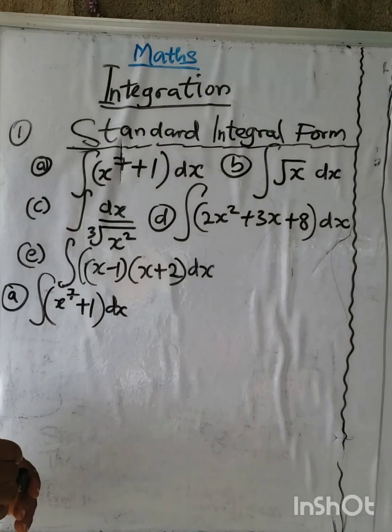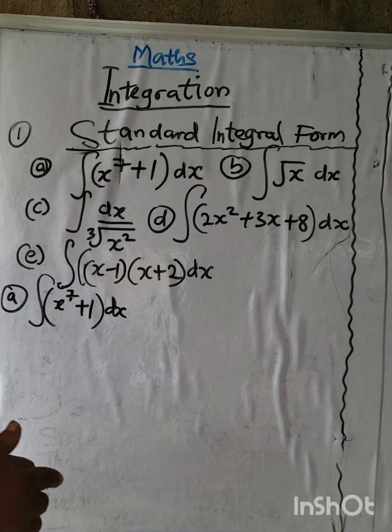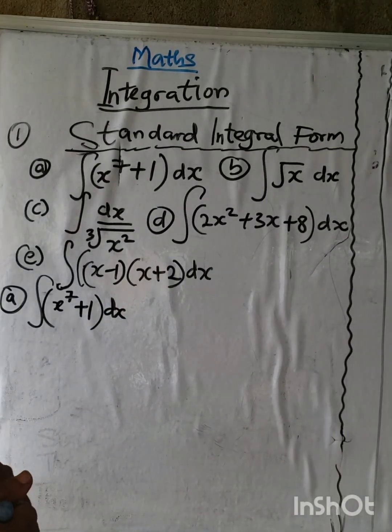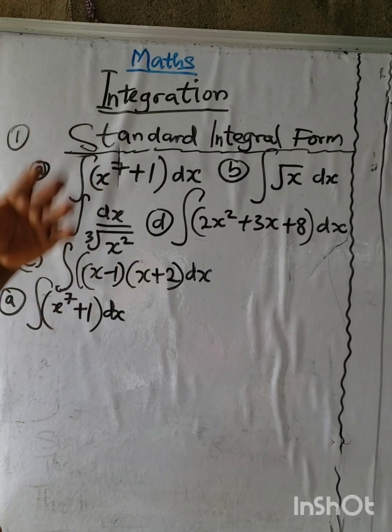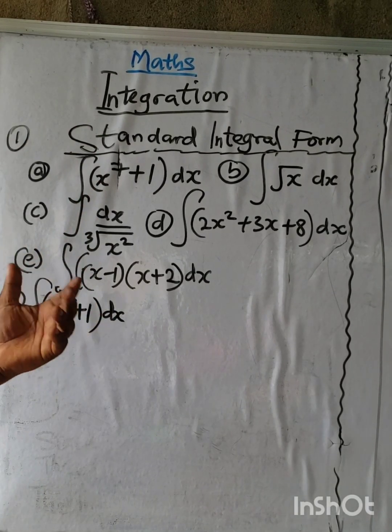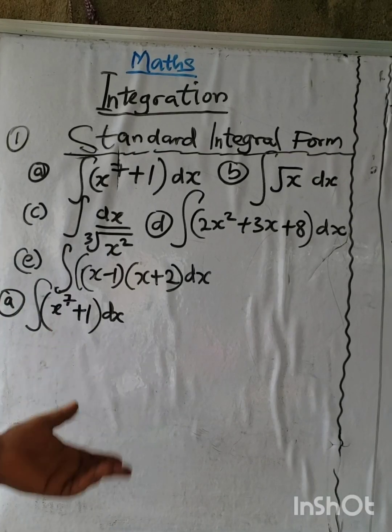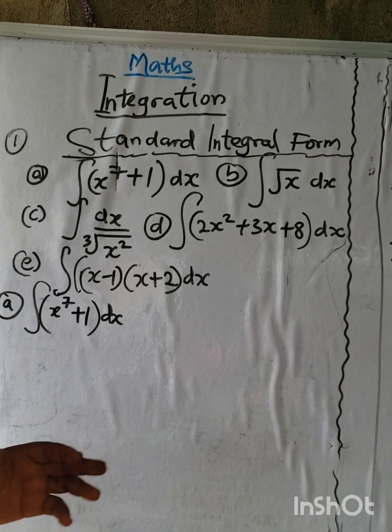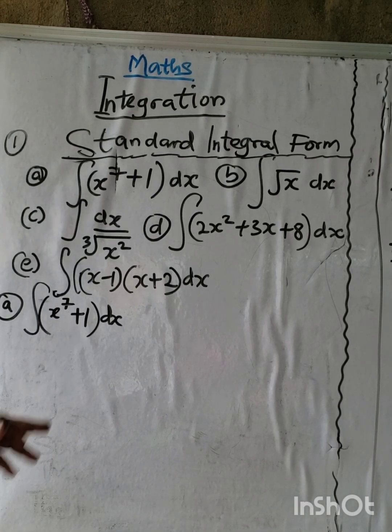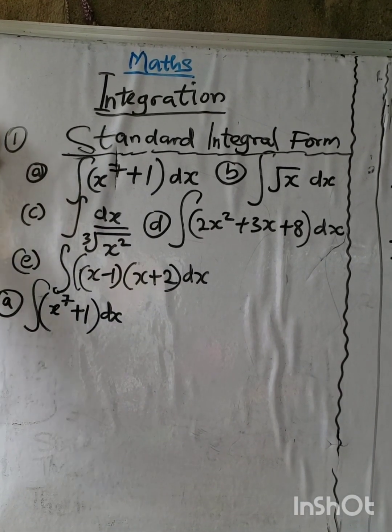Look at the question. I've told you the opposite of differentiation is what? Integration. And integration is very simple because the reversal form of differentiation is integration. How do we solve this?